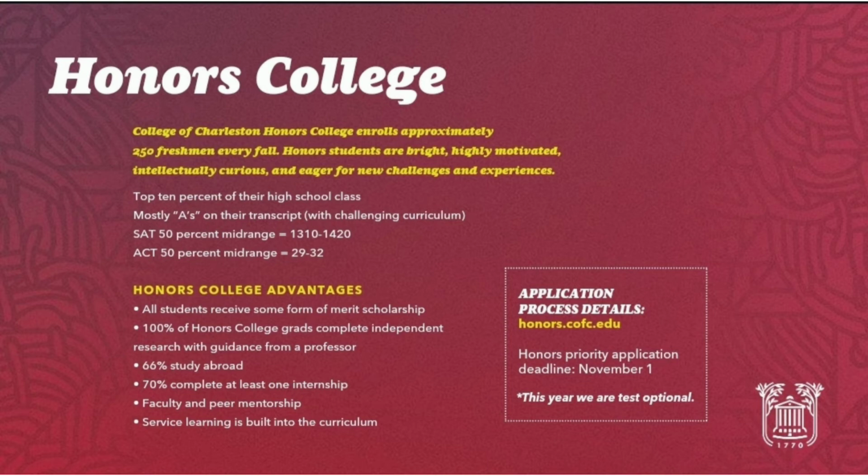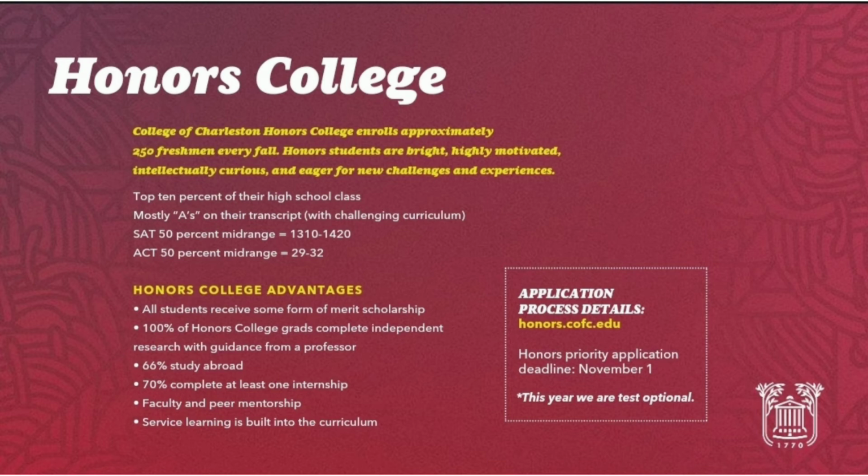One of the main benefits of the Honors College is that when you consider the total population of the College of Charleston, we're about 10,000 undergraduate students total. Each year, we enroll about 250 freshmen in our Honors College. That means you are immediately integrated into a more intimate Honors College family within our larger C of C family.